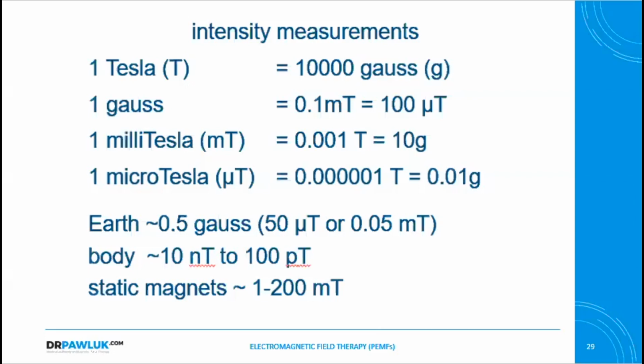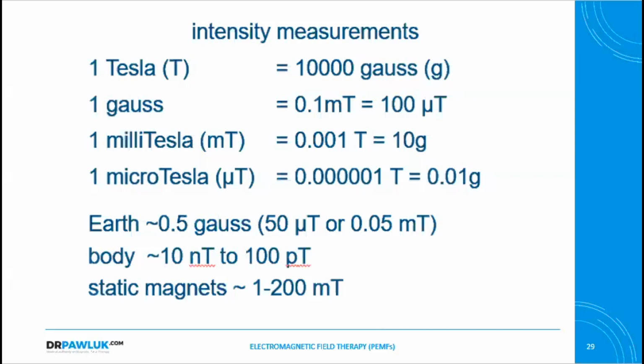The Earth itself has a magnetic field intensity of around 0.5 Gauss, or 50 microtesla, or 0.05 millitesla. So it's a half a Gauss on average. It varies a little bit around the planet, but basically it averages out to about half a Gauss. The body produces its own magnetic fields by all the electrical activity in the body, the electromagnetism of the body.